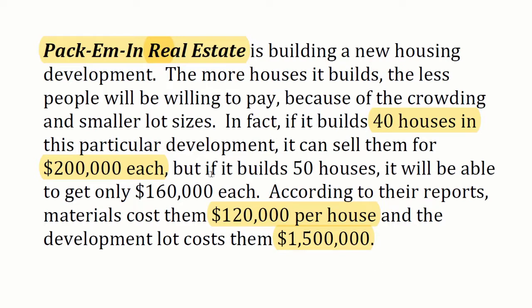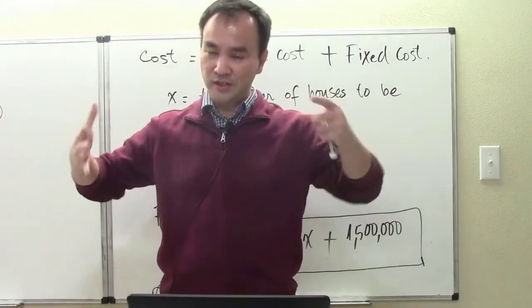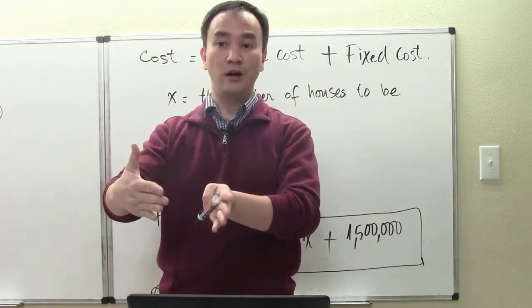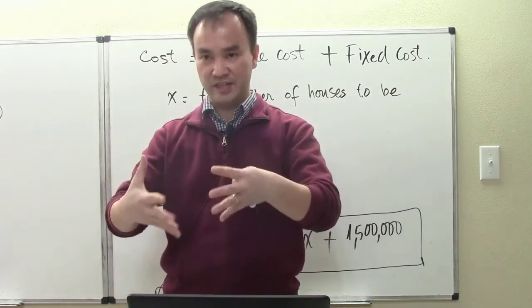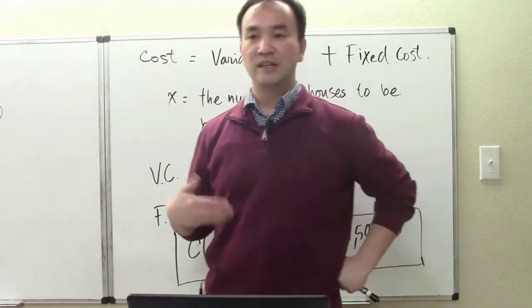But if our company builds 50 houses, then we can only sell for $160,000 for each house. The simple reason, as I have already explained, is that when we build more houses, the lots get smaller. I mean, the house size gets smaller, and so it gets less people's attraction.